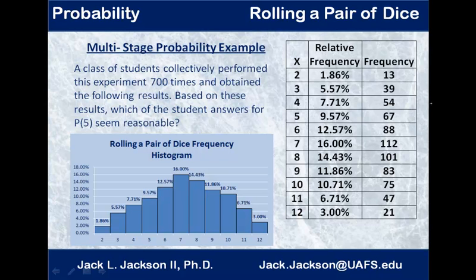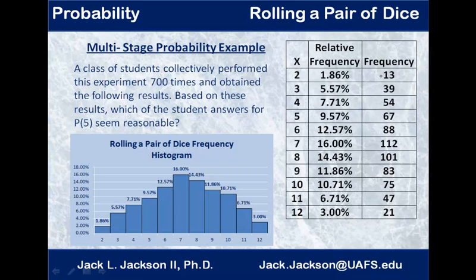Well, I had a group of students do this in class as well, and collectively they did this experiment 700 times, and 13 times they came up with a total of 2, 39 times they came up with a total of 3, and so forth. You can see the totals that they came up with here. These should add up to 700.